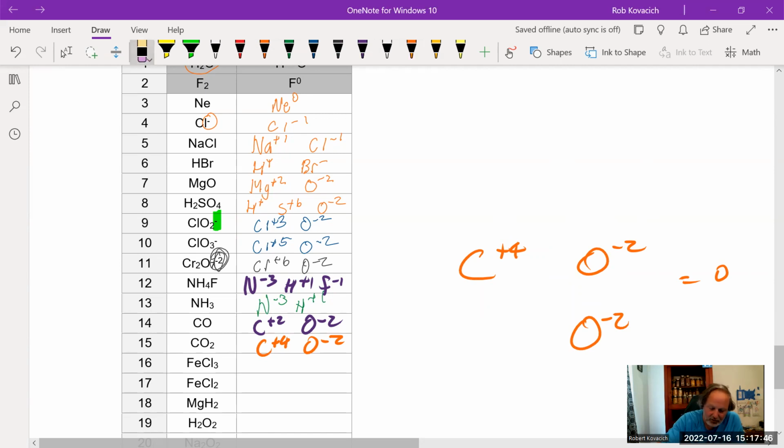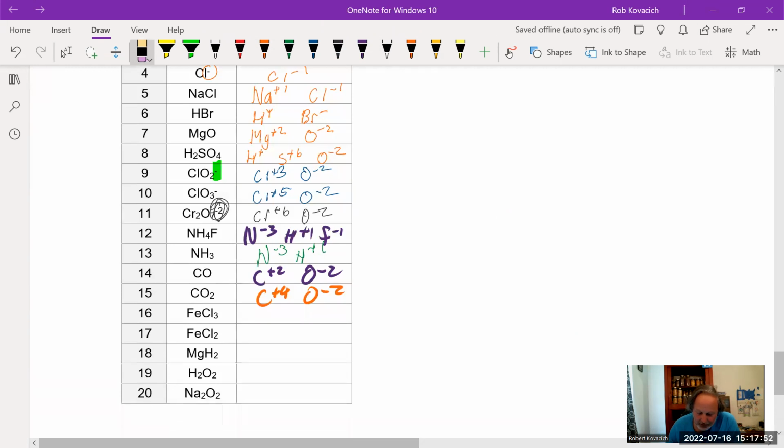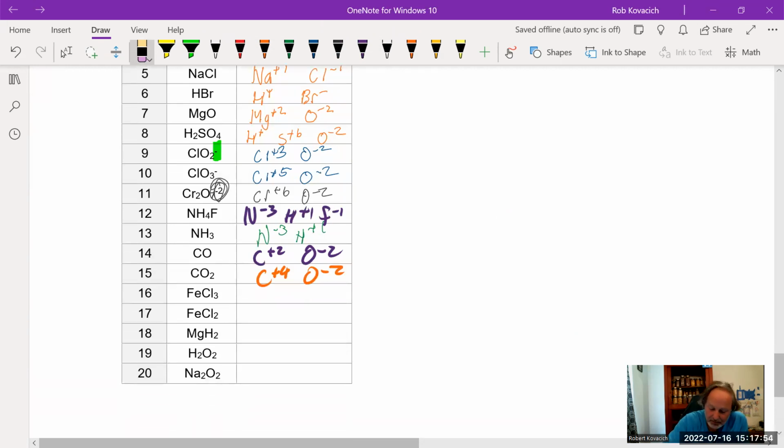All right, so the next one, we haven't dealt with the transition metals very much. So let's do that now. So I've got 2 different options here. Iron and chlorine make 2 different compounds. So let's do Fe and then chlorine, chlorine, chlorine, and then we'll also do Fe, chlorine, chlorine.